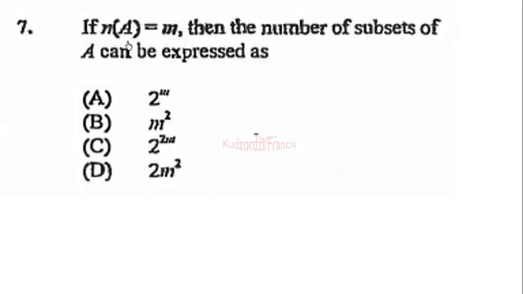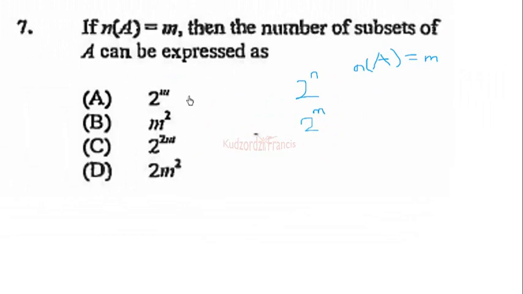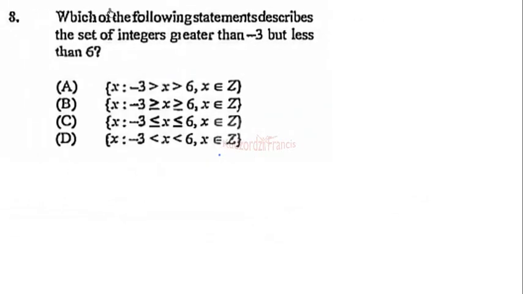We are given a set whose cardinality is m, so the number of elements in set A is m. The number of subsets is given by 2 exponent m. So n is equal to m, and the correct answer will be option A. For the next one, if x represents the integers, then we have x greater than -3 and x less than 6.